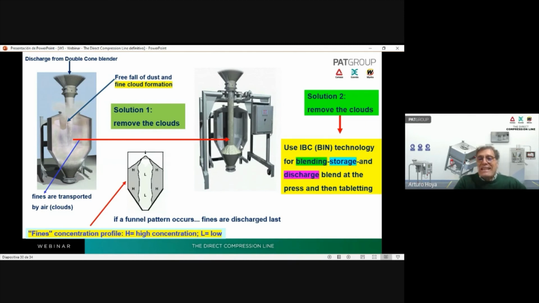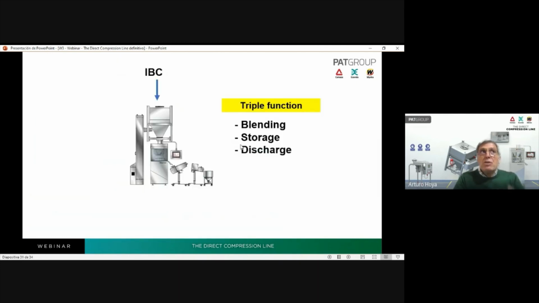So this technology avoids segregation by fluidization, because you avoid the discharge from the double cone to a container, because the IBC is the blender, is the storage equipment, and discharges the powder into the hopper of the tableting machine.